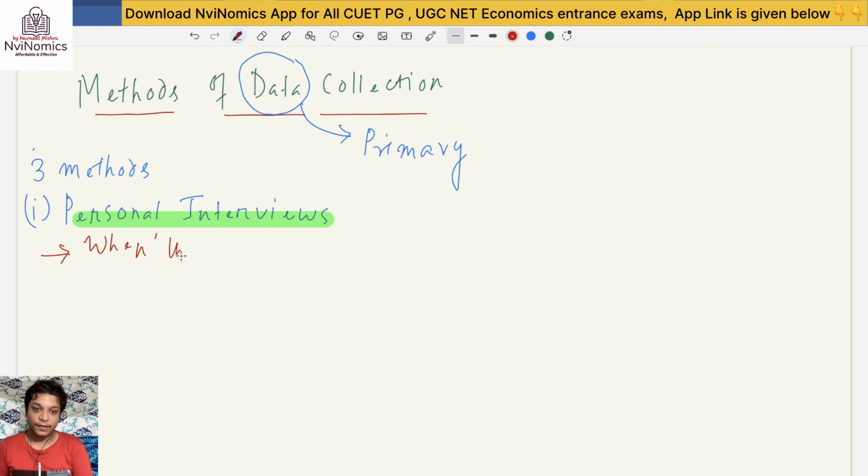has access to all the members. Here members implies respondents.